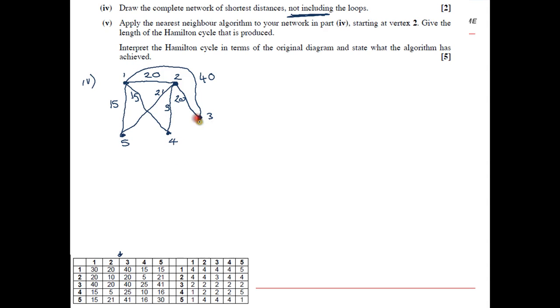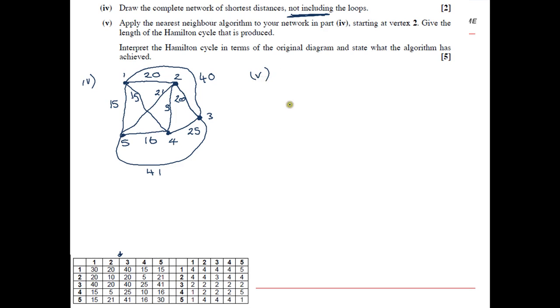Then we need to look at 3 to 4, which is 25, and 3 to 5 is 41, and finally 4 to 5 is 16. So it's not very beautiful. I'm drawing on a screen, but if yours look that good in the exam, you will get full marks for that part of the question.